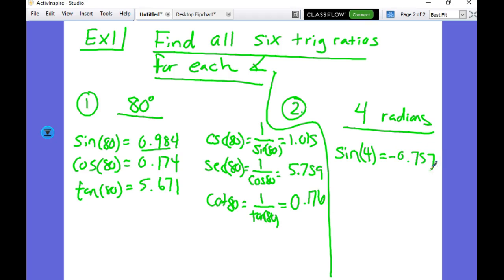And if I wanted cosecant, just for example, what would I do? Yeah. So 1 divided by sine of 4 would be negative 1.321, and I'll put dot, dot, dot, or so on. I'm not going to do the rest.